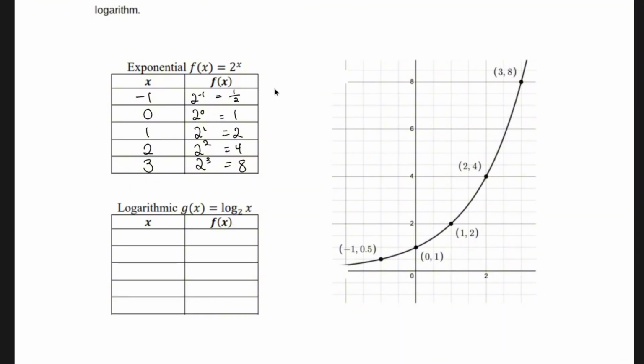And what we get here are the points (-1, 1/2), (0, 1), (1, 2), (2, 4), (3, 8).